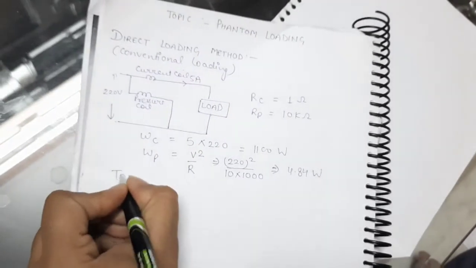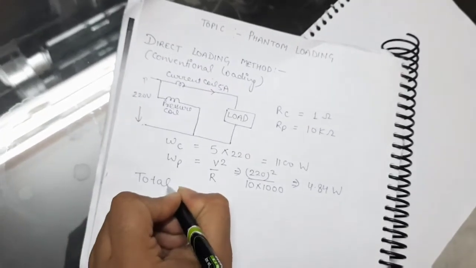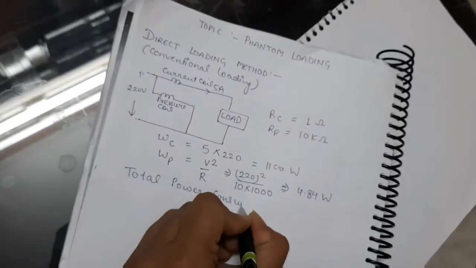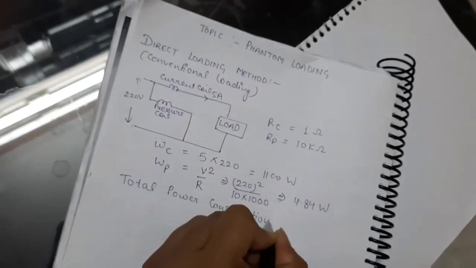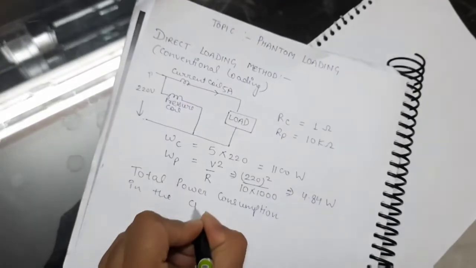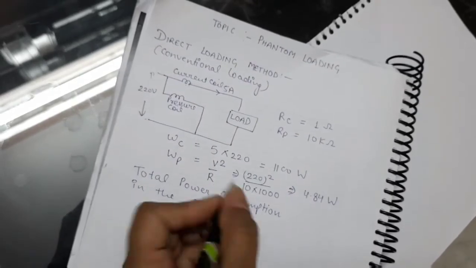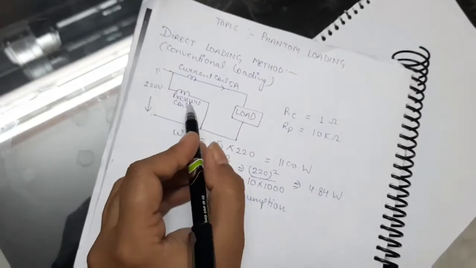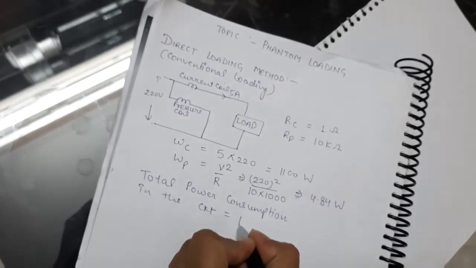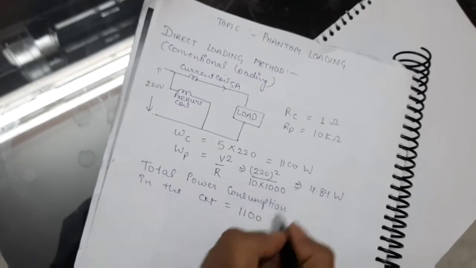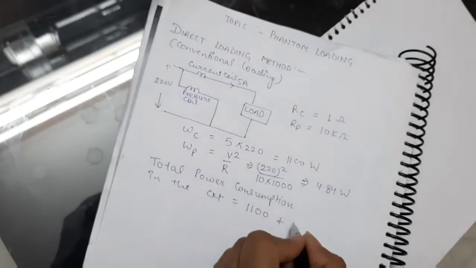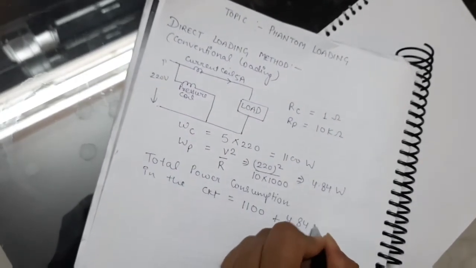Then the total power consumption in the circuit is the power consumption in the current coil plus the power consumption in the pressure coil, which is 1100 plus 4.84.